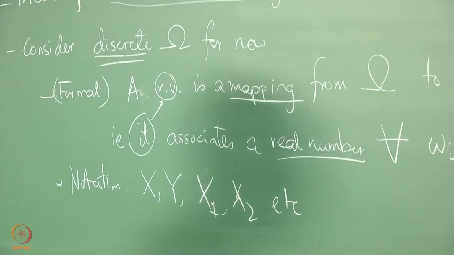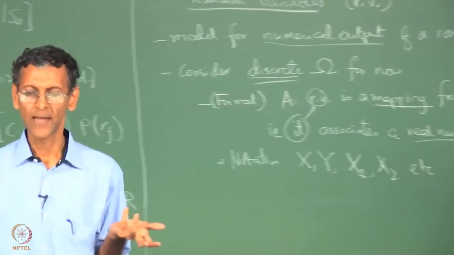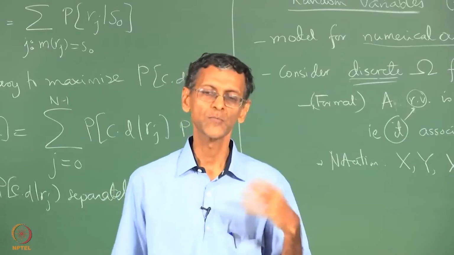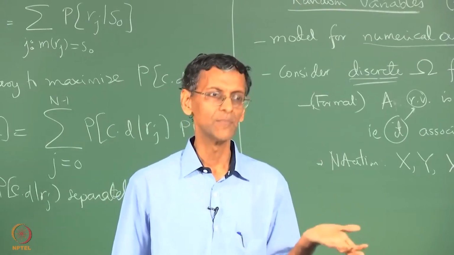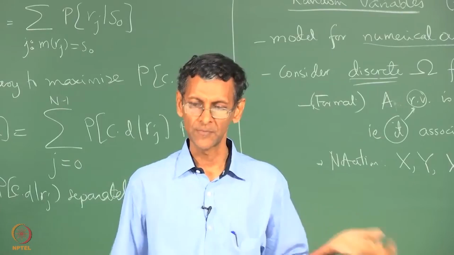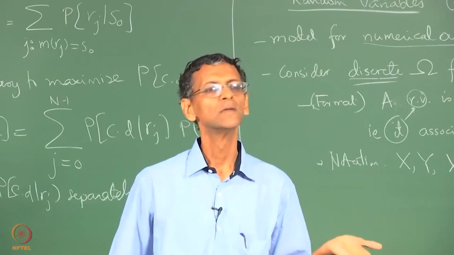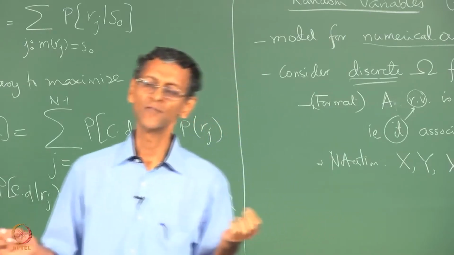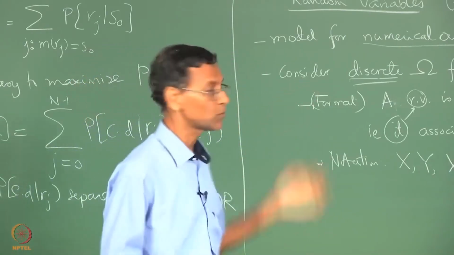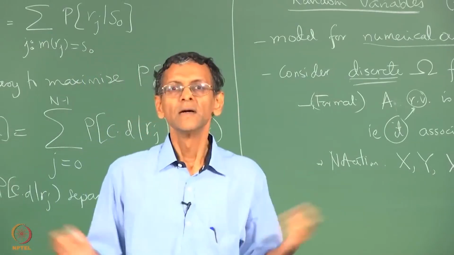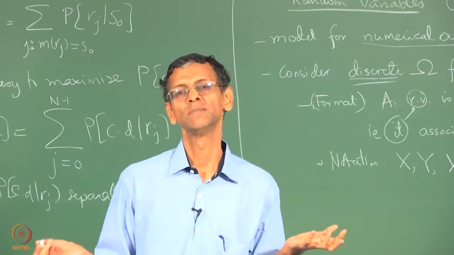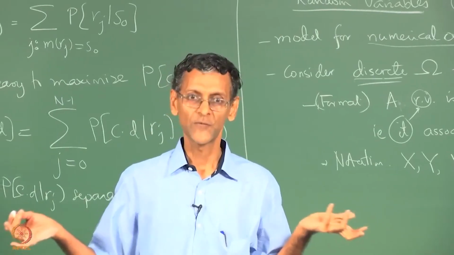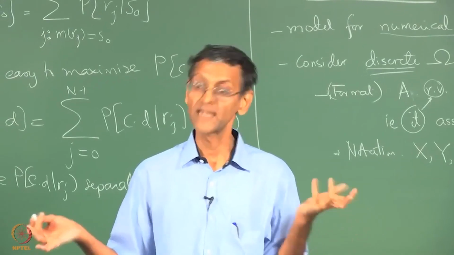A simple example where the omega is more complicated than just some numbers would be picking individuals at random from a fixed population, where each individual corresponds to one of the omega i's. How many numbers can you associate with an individual? As many as you feel like, as many as make sense or are useful.